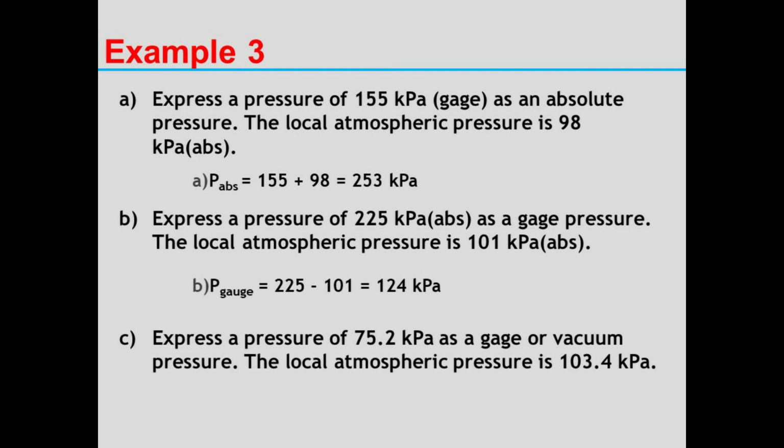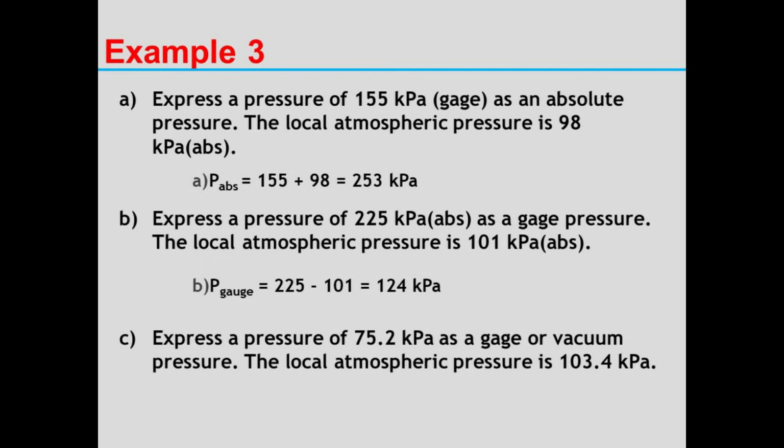Okay, the last example. Express a pressure of 75.2 kilopascal as a gauge or vacuum pressure. The local atmospheric pressure is 103.4 kilopascal. Okay, we got P absolute equal to 75.2 kilopascal, and the local atmospheric pressure P ATM is 103.4 kilopascal.